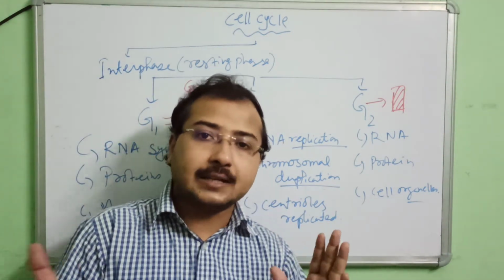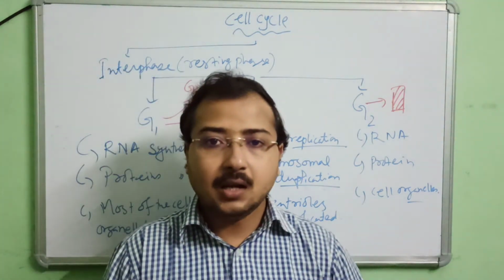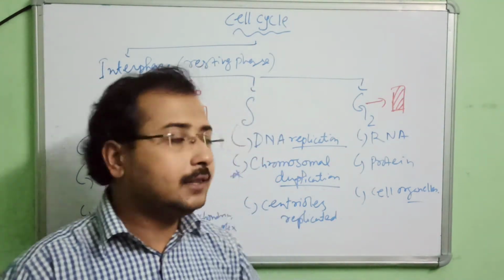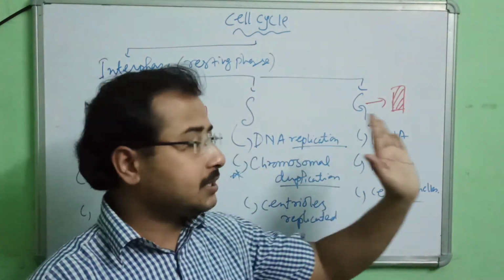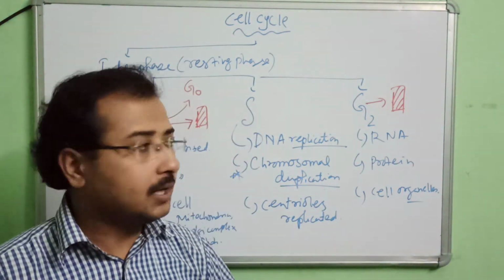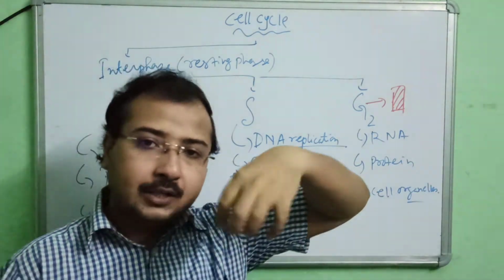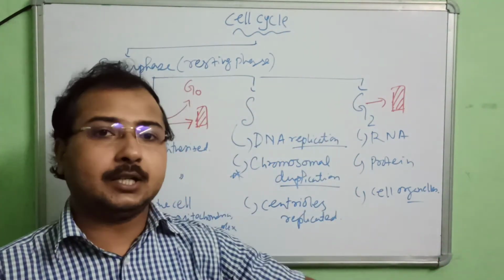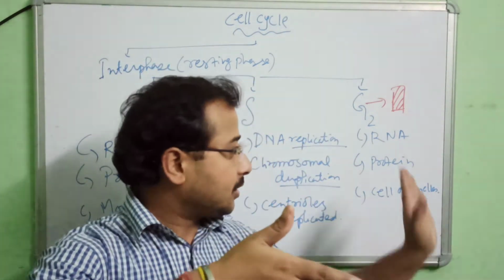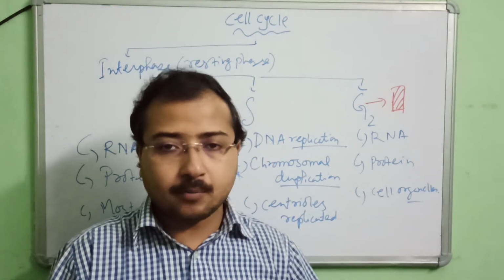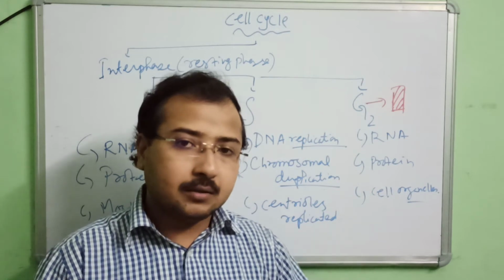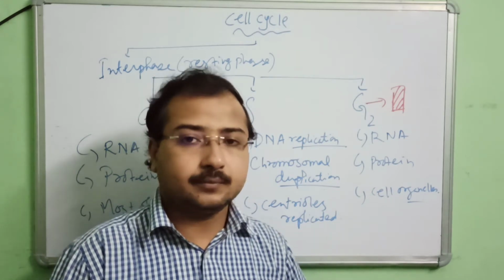Once the nutrients are available in the cell, again they will come for the S phase and G2 phase. So these are the checkpoints. Whenever any problem is found for a particular cell, the cell division process will be paused there for the time being. Again, when everything becomes normal and things are available, then it will move on.